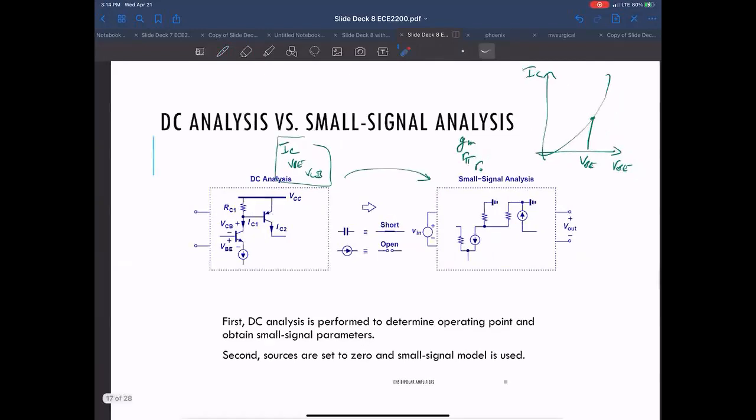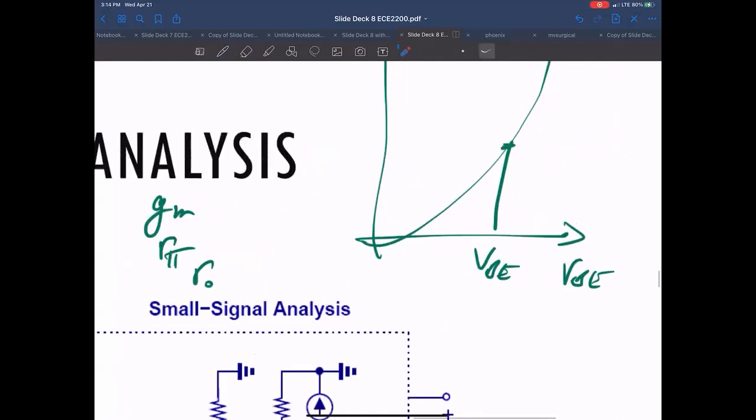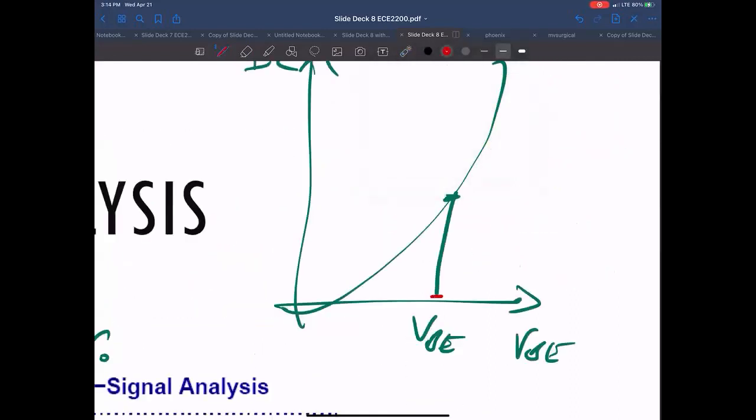If I zoom in here, the idea of small signal analysis is that my input difference in the voltage around my bias point is small enough that when I look at the output current change, I can pretend this is a linear curve. I can approximate just this piece of this exponential curve as being linear.